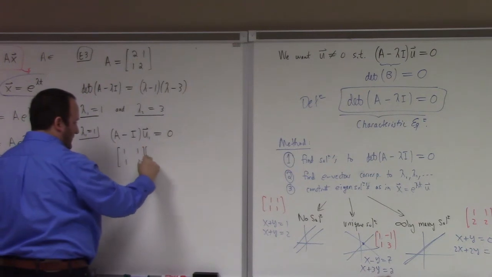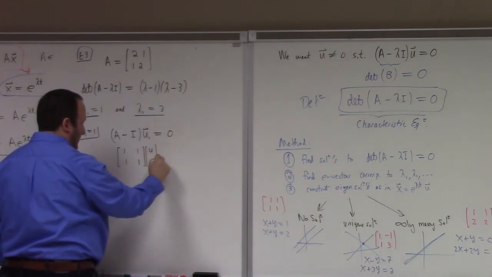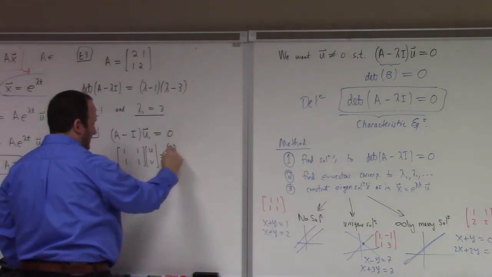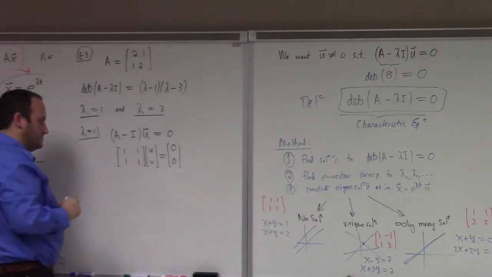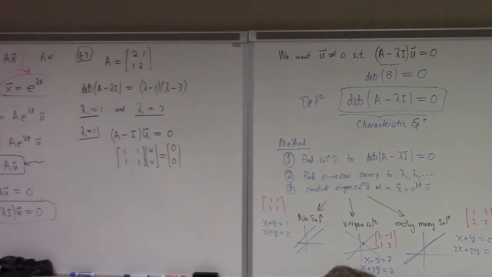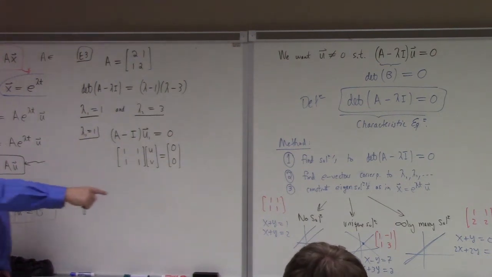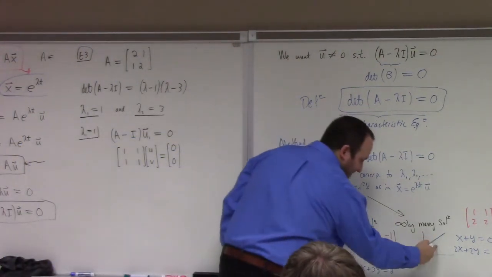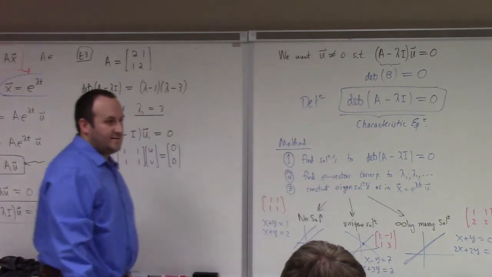And then I like to use U and V for the components of the eigenvector. We really don't need any fancy linear algebra here. You can just look at it and go, oh, it's just like I said, like this case, except with U's and V's.